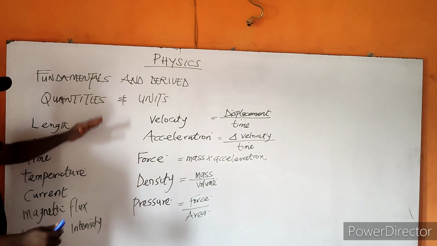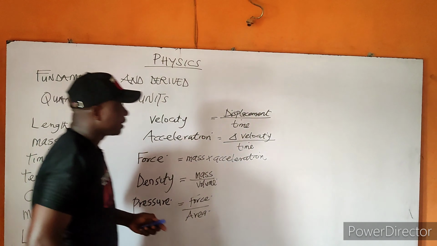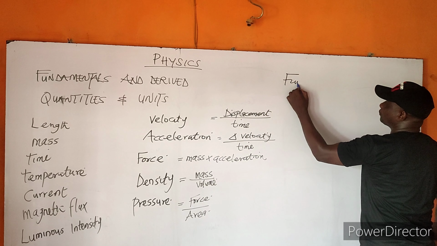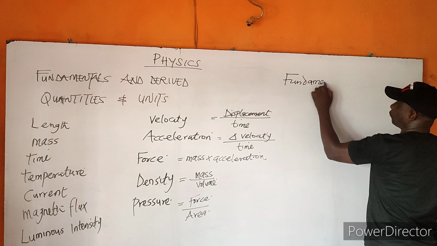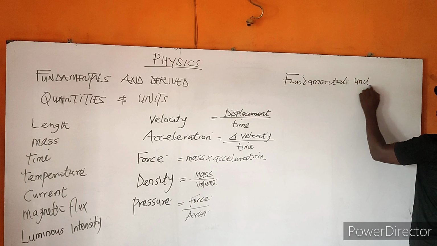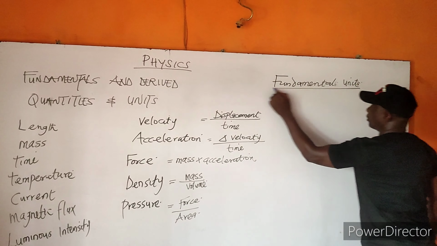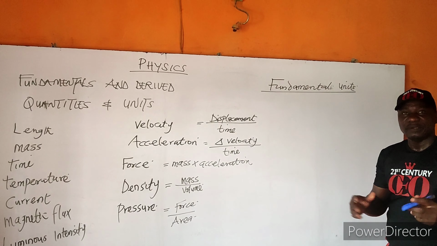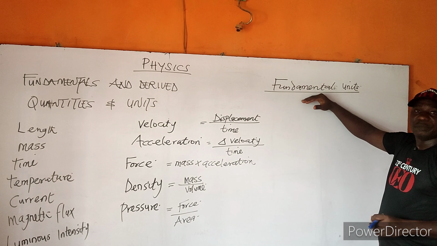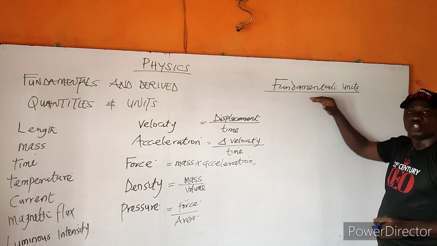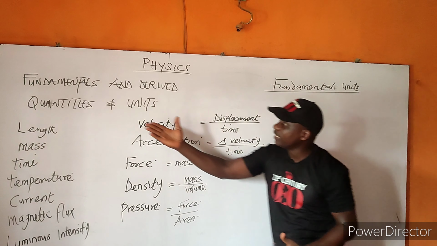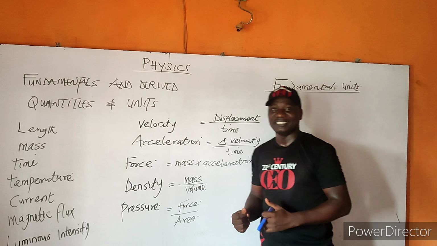Now, we take the first one, which is the fundamental units. Fundamental units are the basic units through which other units are obtained, just as we defined the fundamental quantities.